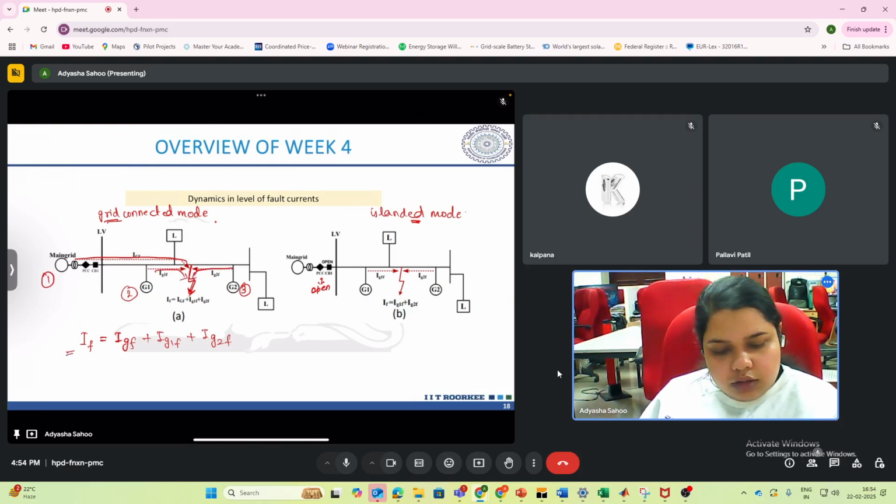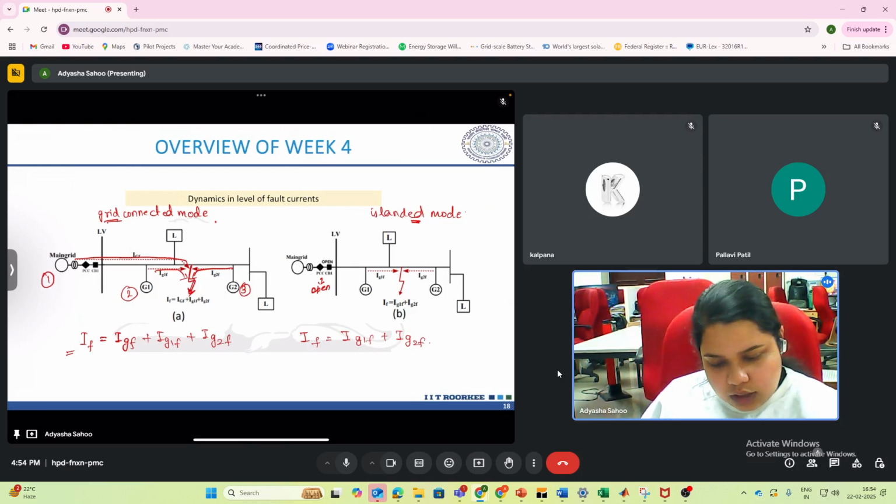Then in case of islanded mode of operation, since this breaker is open now, we have only two sources. So the fault current is the sum of IG1F plus IG2F. Now you can see the fault current value has reduced.